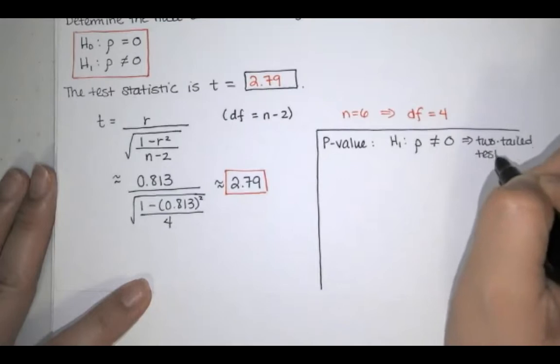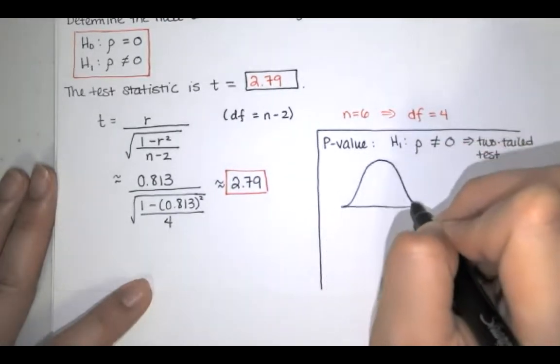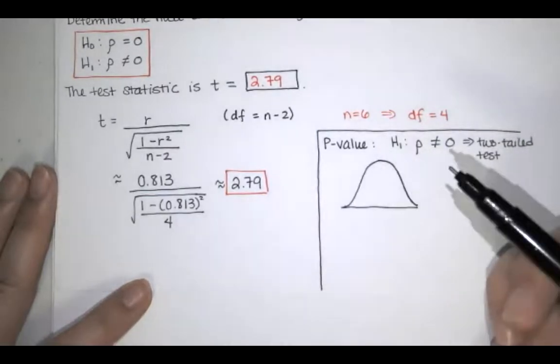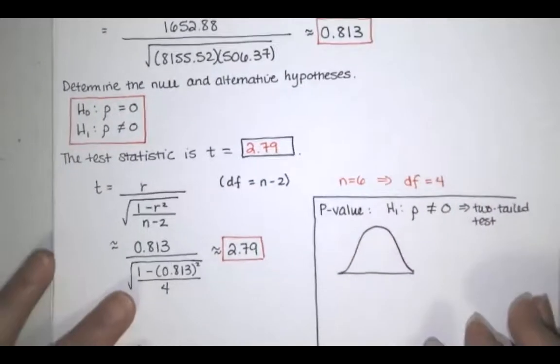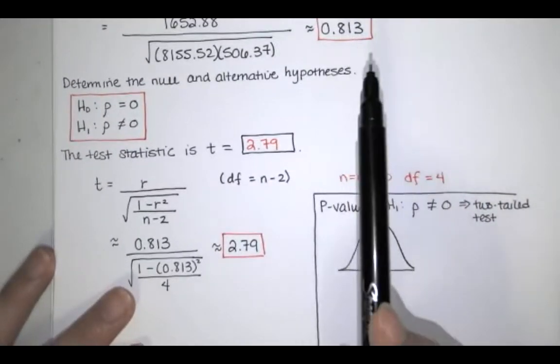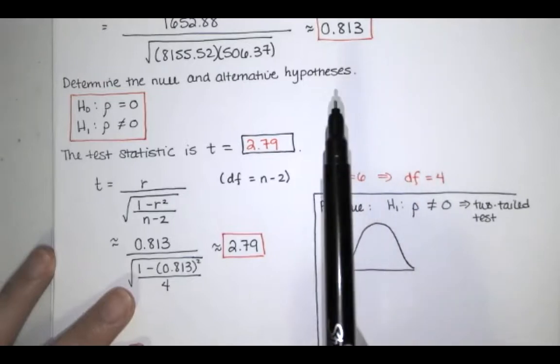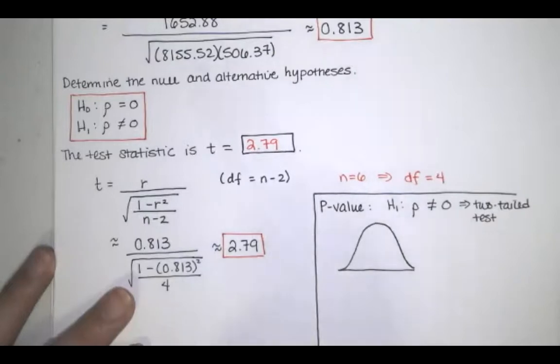And since we're dealing with a two-tailed test, this probability that corresponds to our R value of R equals approximately 0.813. This is the probability that R is 0.813 or more than that, or negative 0.813 or less than that.